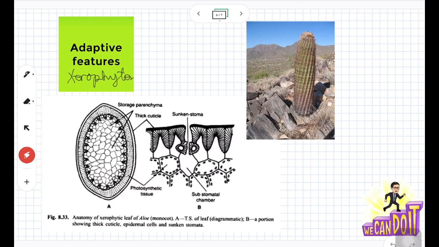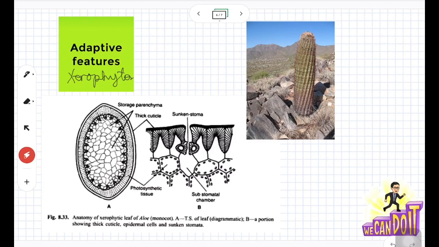You can see from the image presented here, photosynthetic tissues right there to manufacture the glucose, and the substomatal chamber. This is a helper for the gas exchange.